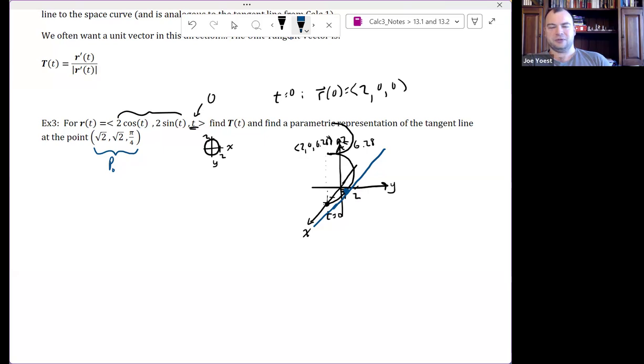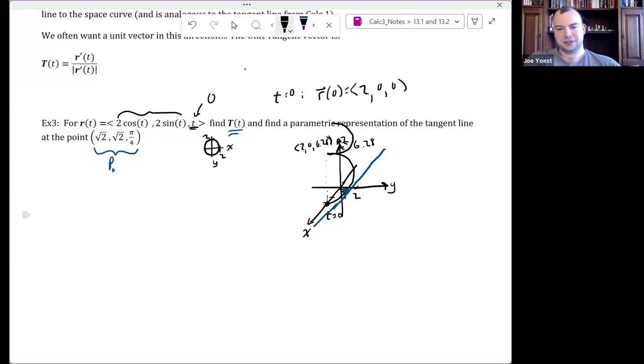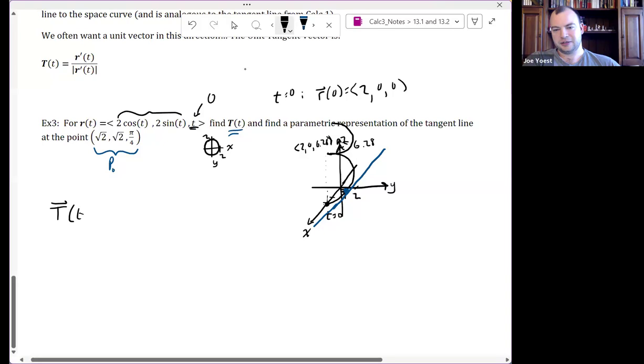So now we need direction information. What direction are we pointing? And that's what our unit tangent vector, or r prime, will give us. So let's start by finding T of t, our unit tangent vector. By definition, that's r prime over length r prime.